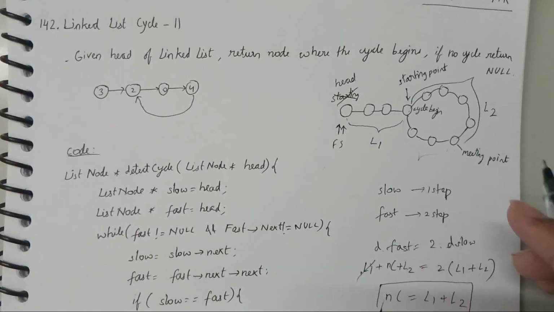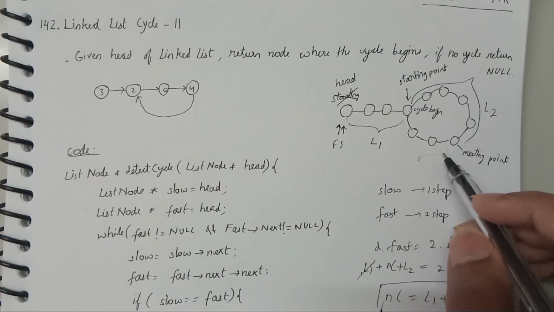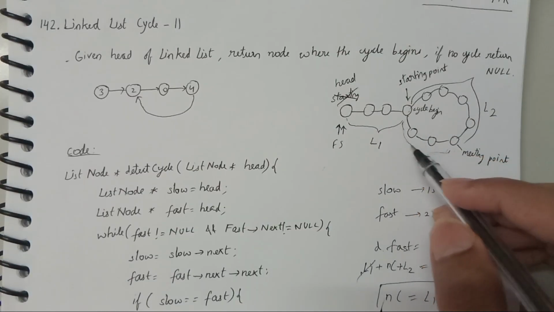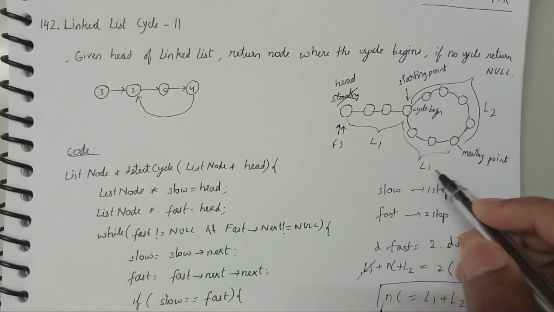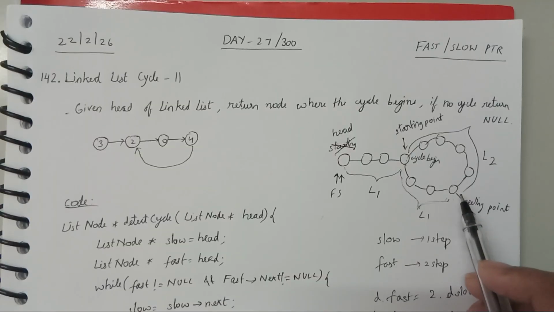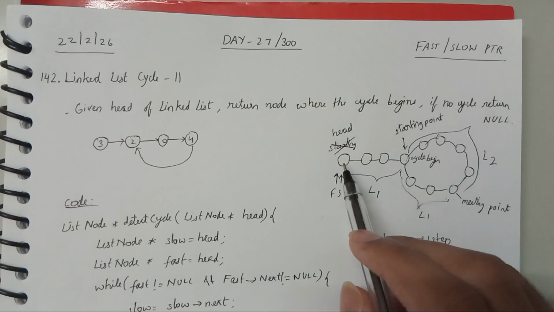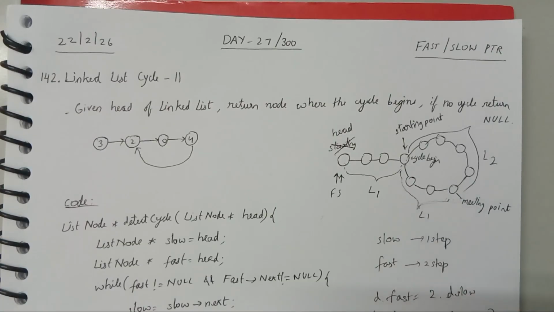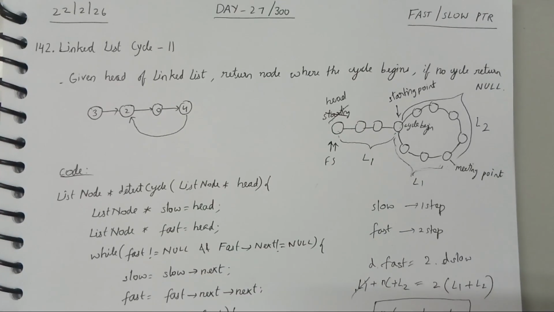So this distance is equal to L1. So what this means is the two pointers meet at a position that is the same distance from the starting point as the head. So from head it is L1, and from here it is also L1. So this is the core logic.